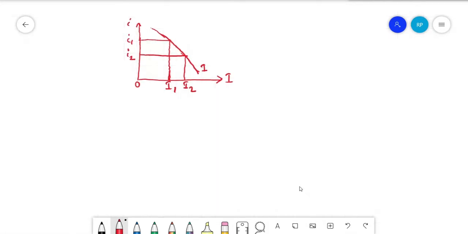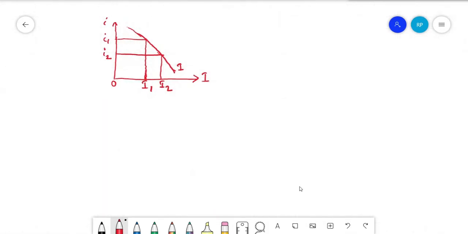Okay, fine. What is your question? Tell me. Sir, is this IS curve linear or is it a curve? Right now we are not taking it as linear. In this IS curve we are taking the relation between I and Y. So it's downward sloping. You can make a straight line or you can draw a curve, but it is basically a curve, because in an economy it's very difficult to say that if there is a 1% change in interest rate, how much your income will change.